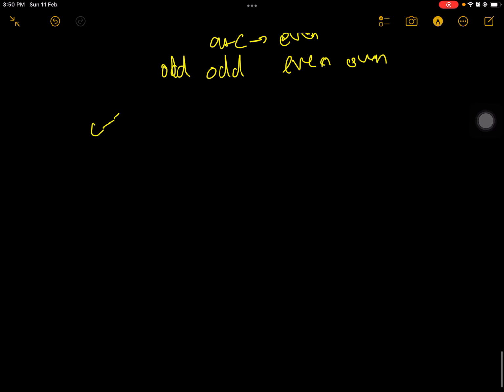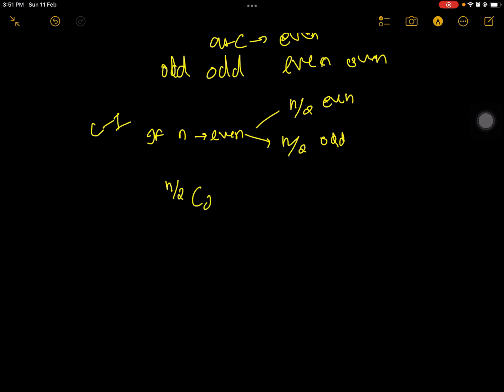So if you look at case 1, if n is even, then there are n by 2 even numbers and n by 2 odd numbers. Just select 2 from this, so it's n by 2 C2 plus n by 2 C2.